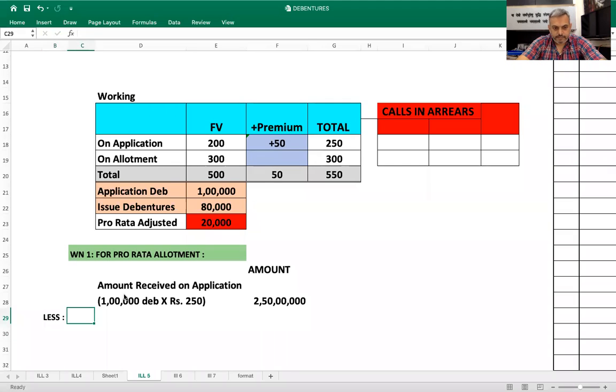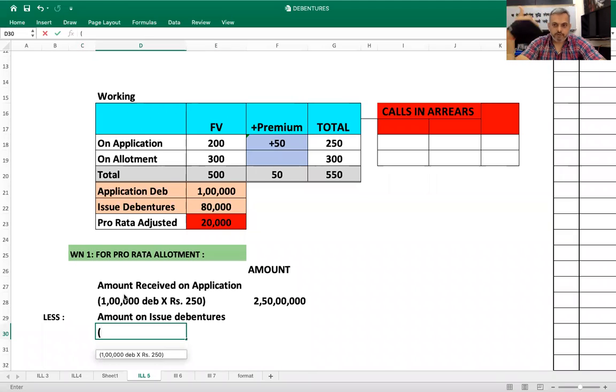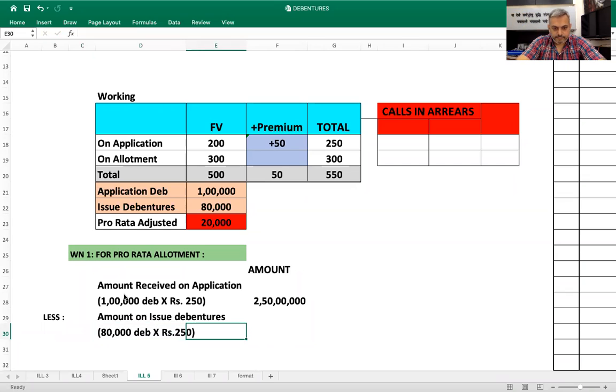Less: amount on issued debentures. So those debentures which I am going to issue, how much amount should I have received? So that is 80,000 debentures into rupees 250. 80,000 into 250, do it on your calculator.